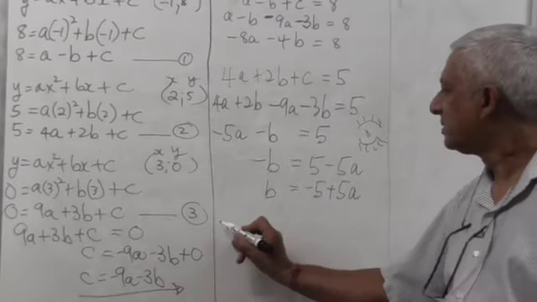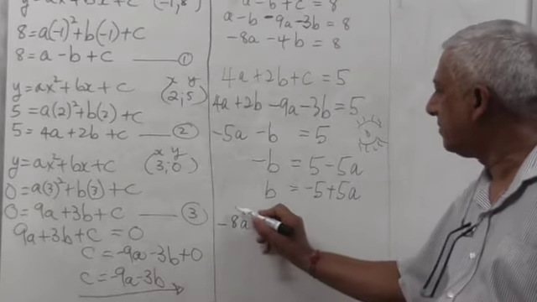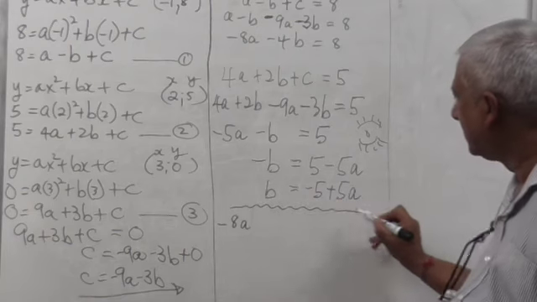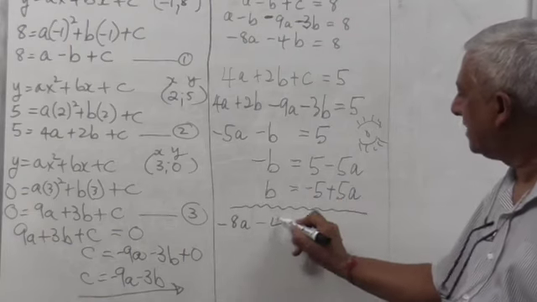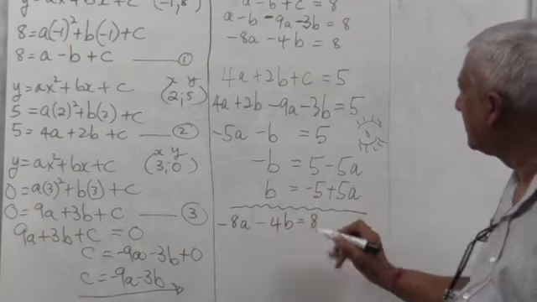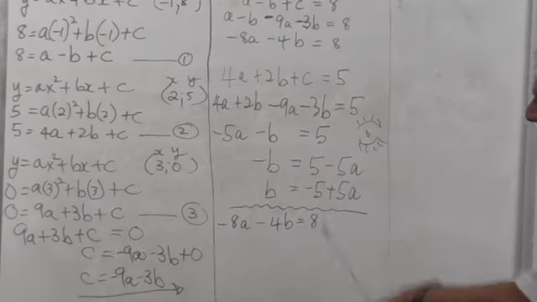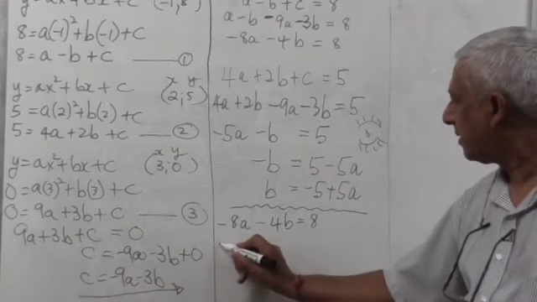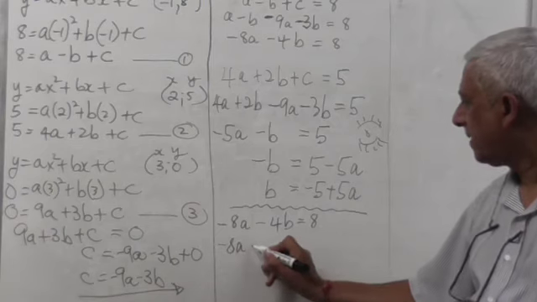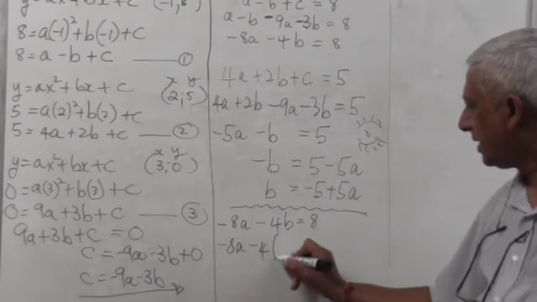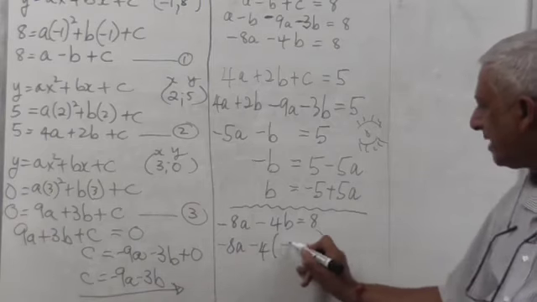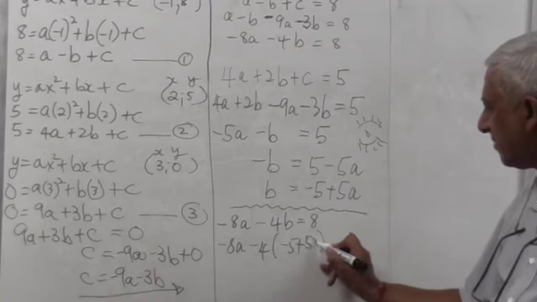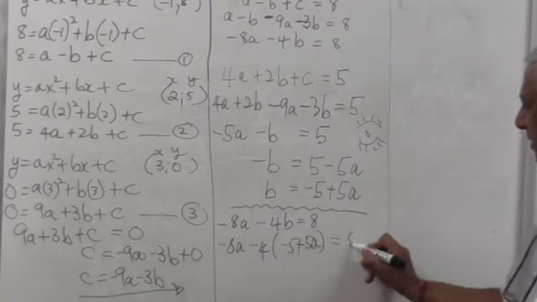So, minus 8a, I'm just going to make a little mark here. Minus 8a minus 4b is equal to 8. I'm substituting there. But b is minus 5 plus 5a. So minus 8a minus 4 into minus 5 plus 5a is equal to 8.